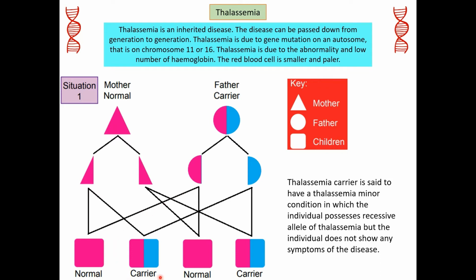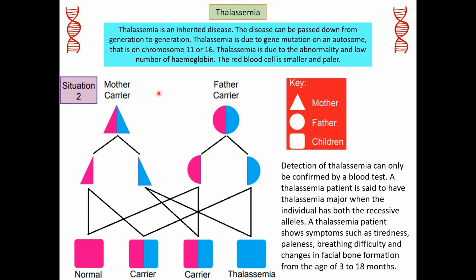This one is a carrier, because when we cross the normal allele with the recessive allele, the child becomes a carrier, and this one is normal, and this one is a carrier. A thalassemia carrier is said to have thalassemia minor. This means the individual does not show any symptom of the disease, just carries the recessive allele for thalassemia.